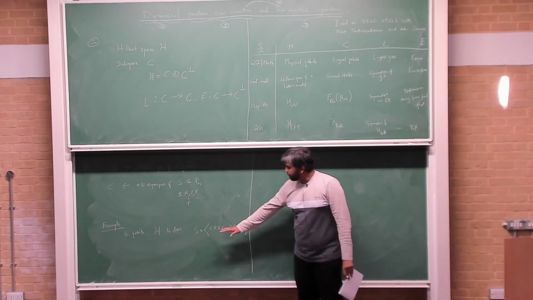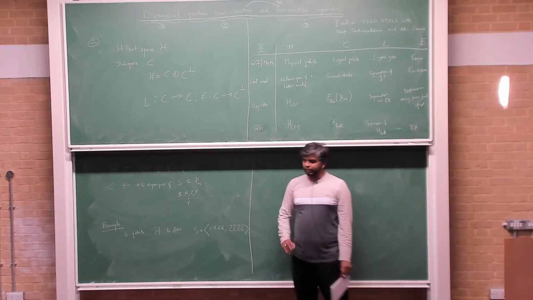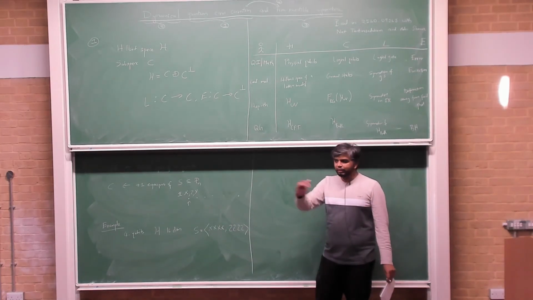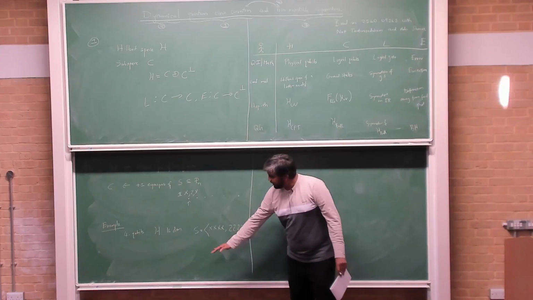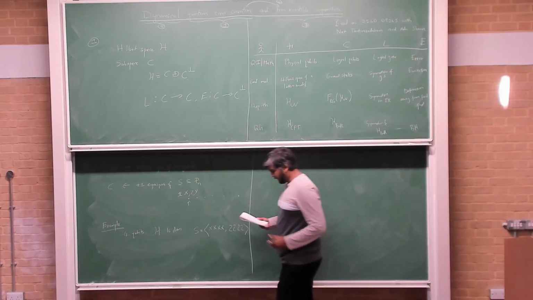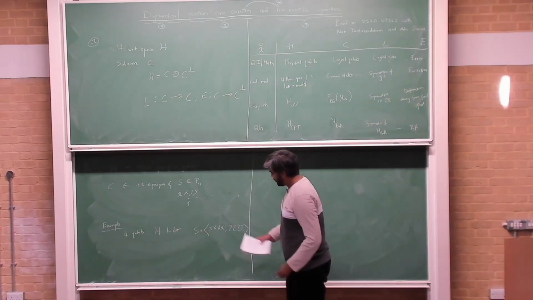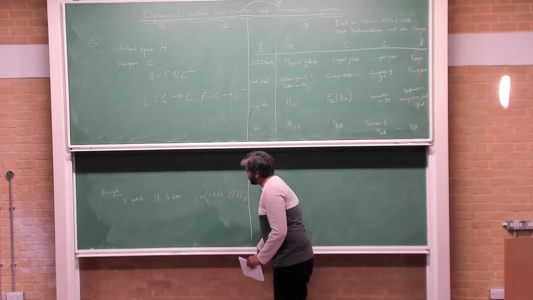I choose the abelian subgroup of the Pauli group to be this particular group generated by XXXX and ZZZZ. This defines for me a subspace of this Hilbert space. Okay. So I look at the +1 eigenspace of this group.